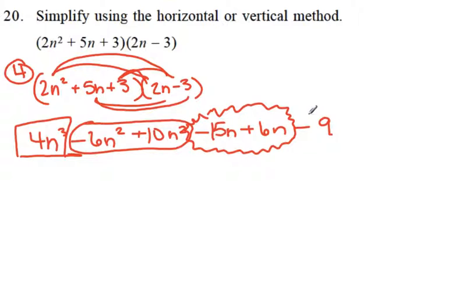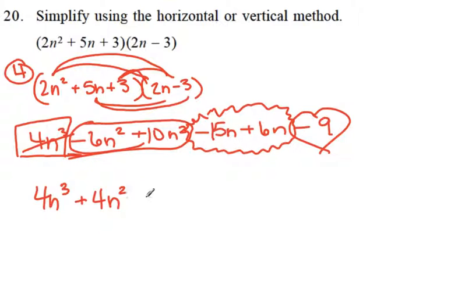All right, and then this one. So you have 4n cubed, negative 6n squared plus 10n squared is plus 4n squared, and we're done with those. Negative 15n plus 6n is negative 9n, and that's done. And then we have negative 9.